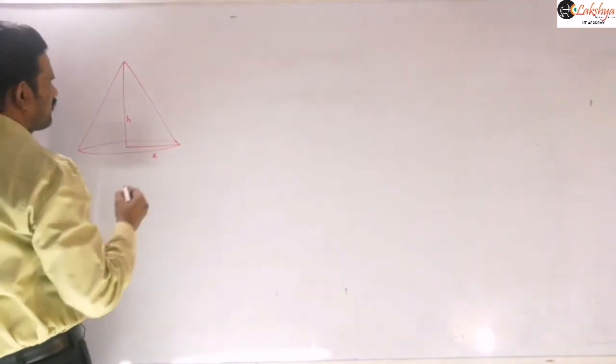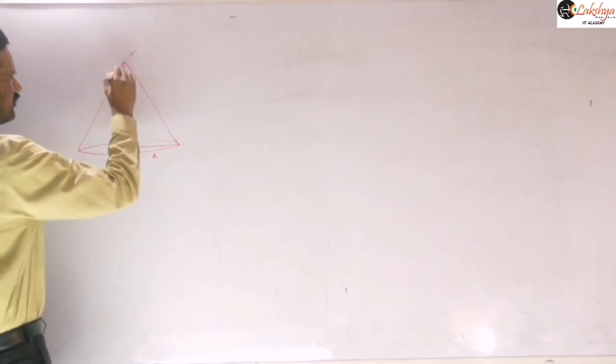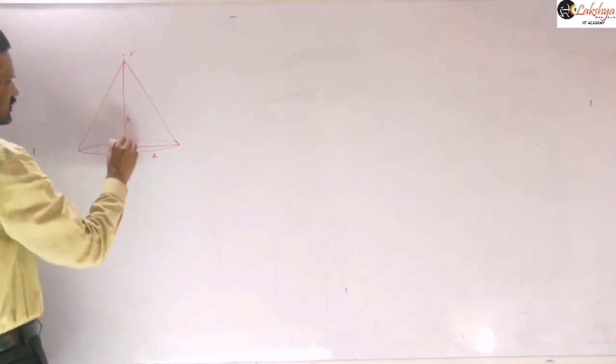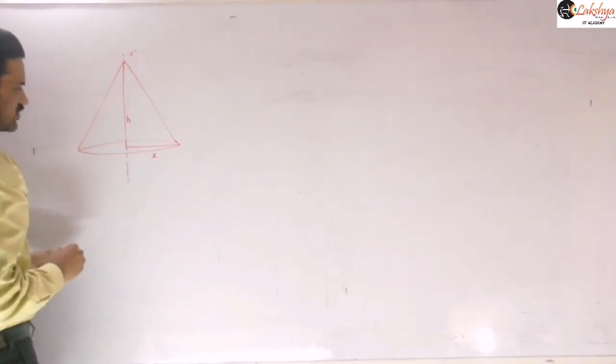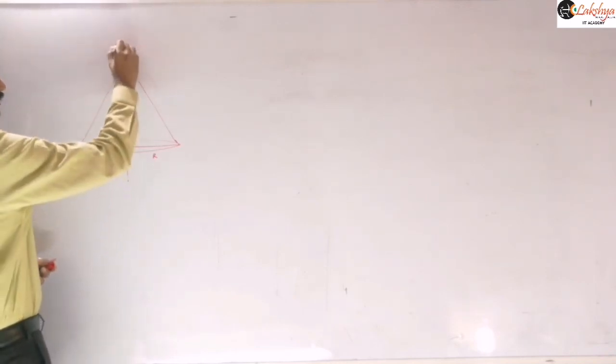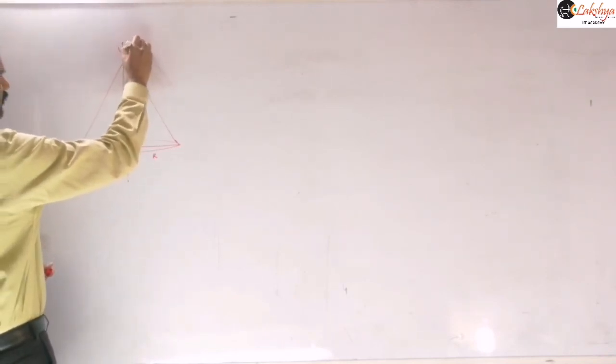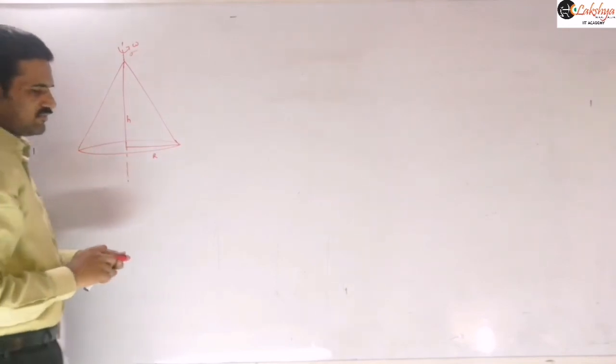It is having that surface charge density sigma here. Now if it is rotating about its own axis with angular velocity omega, then we need to find the magnetic moment of this cone.